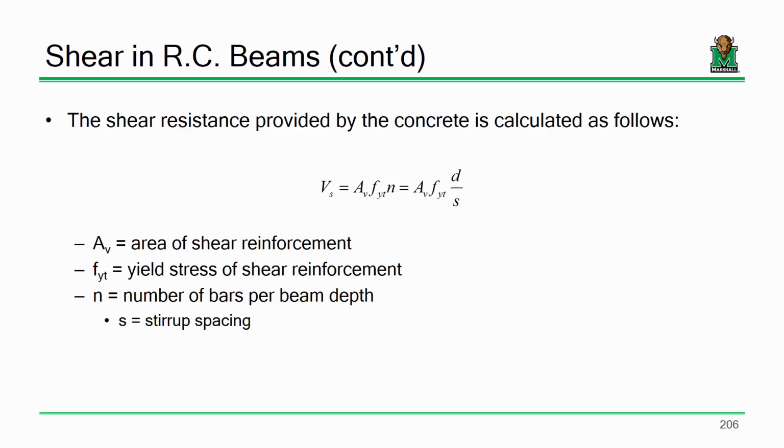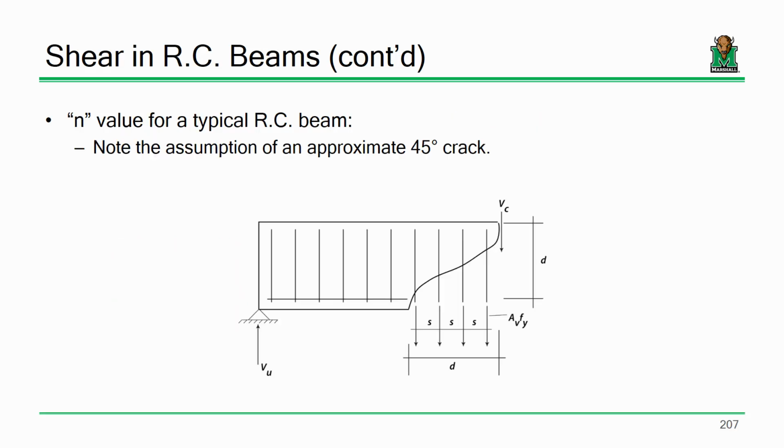All right. Now, the shear resistance for the steel is a little bit different, okay? The way that we calculate that is we say it's the area of the shear reinforcement times the yield stress times this number n, which is the number of bars per beam depth. So another way you could calculate that is the depth divided by the spacing, and we'll talk about that a little bit.